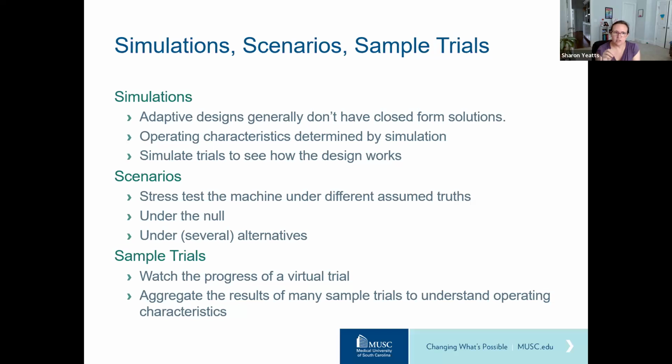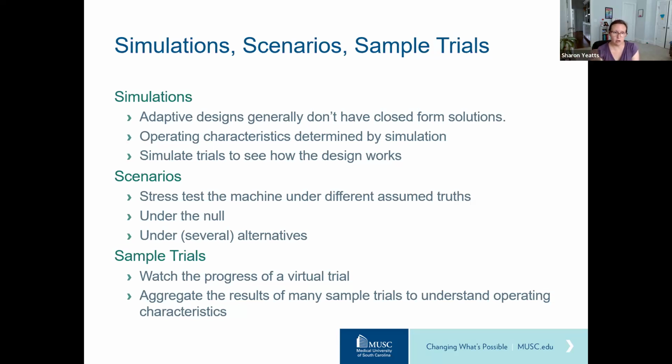So part of the challenge with adaptive designs is that they don't generally have closed form solutions for evaluating the power and the sample size. So we evaluate those characteristics by simulation. So we simulate a trial lots and lots of times to see how the design works. And it's not just under one scenario, right? Part of the process is trying to stress test the design under lots of different plausible truths.